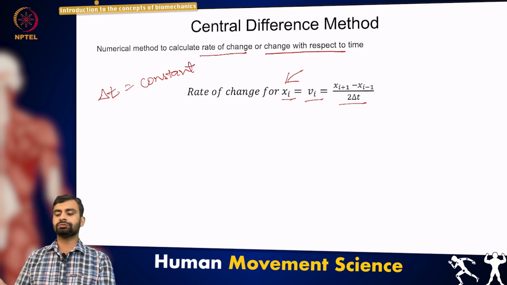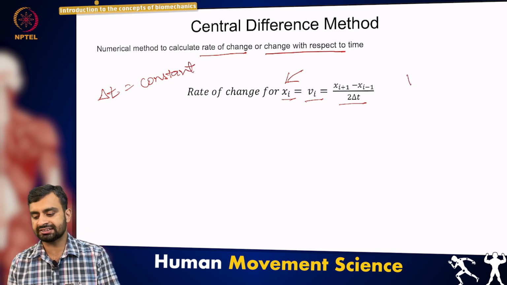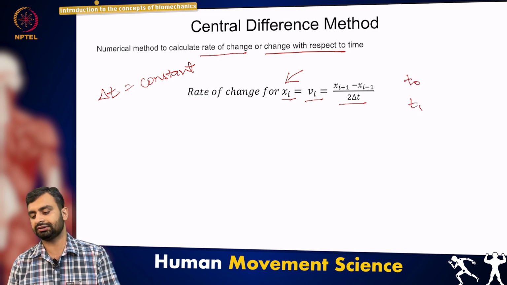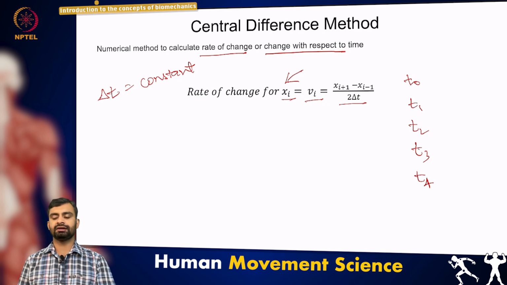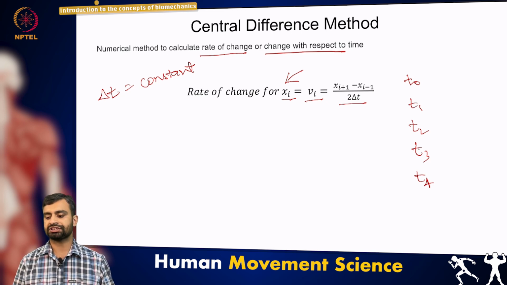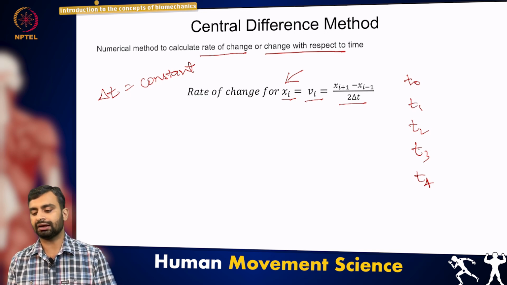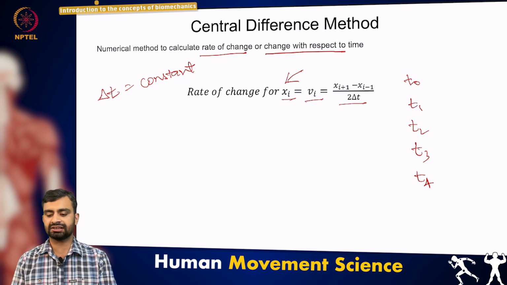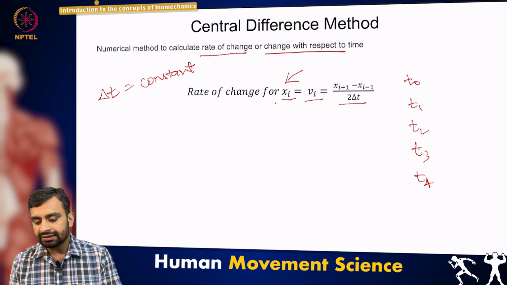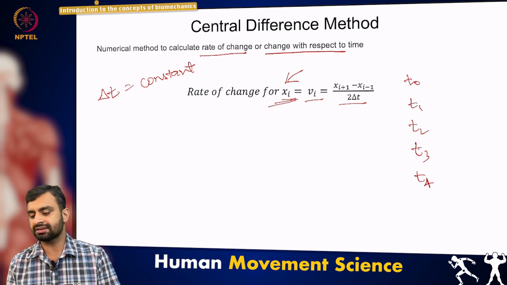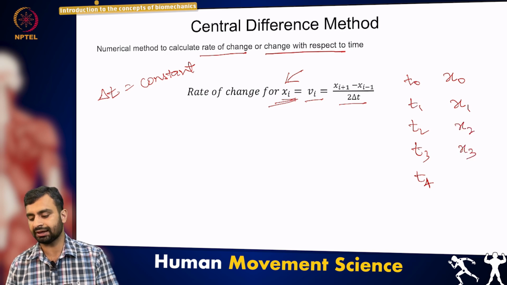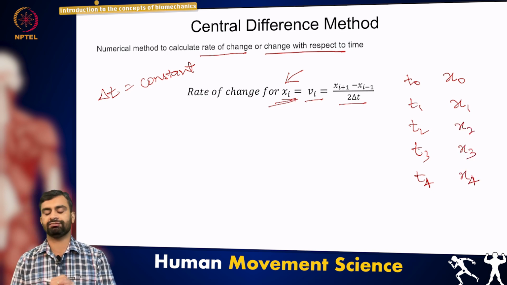Let us assume an example where an event starts at t0, and t1, t2, t3 and t4 are different time values present during that movement. For a one-dimensional case, let us look at the position in x direction: x0 at time 0, x1 at time 1, x2 at time 2, x3 at time 3 and x4 at time 4.